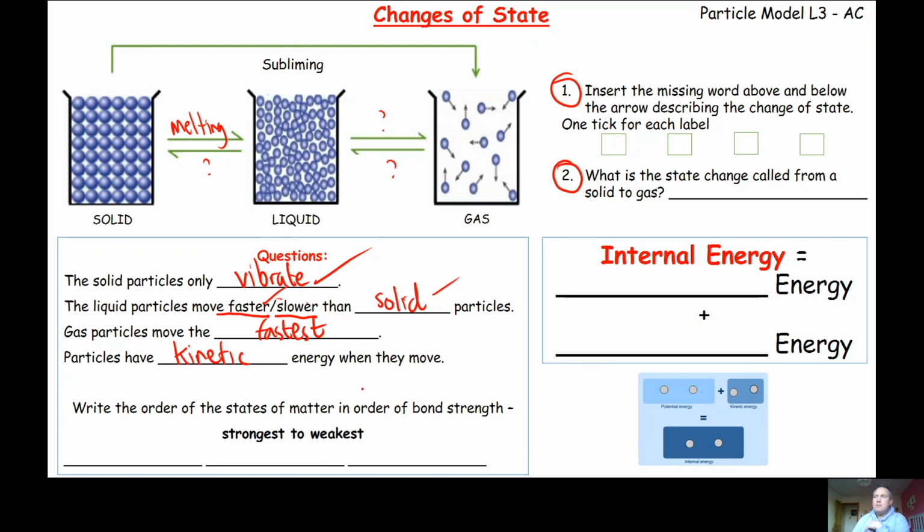Writing the order from the strongest to the weakest bonds. The strongest is solid, then liquid, then gas. The internal energy is the total of the kinetic and the potential energy.